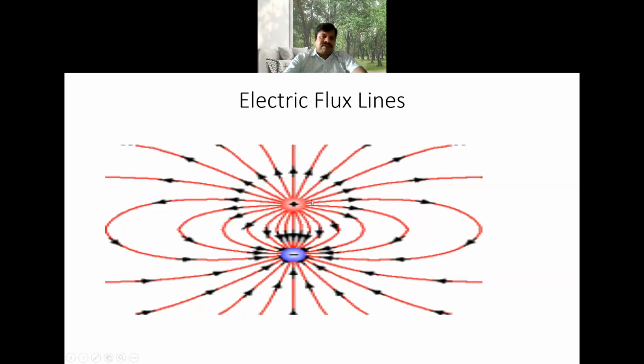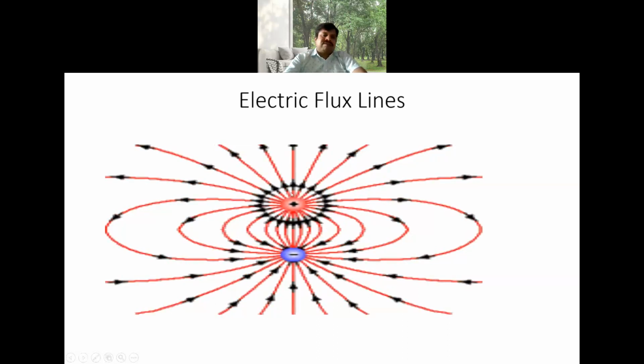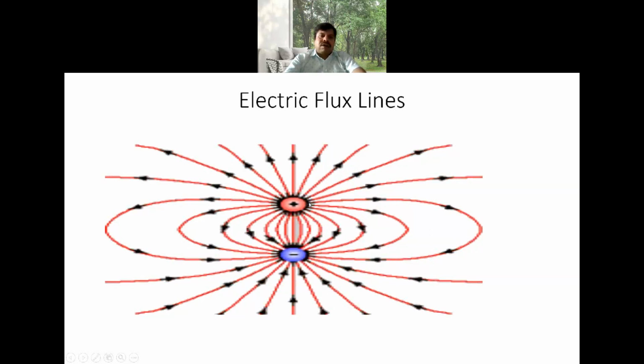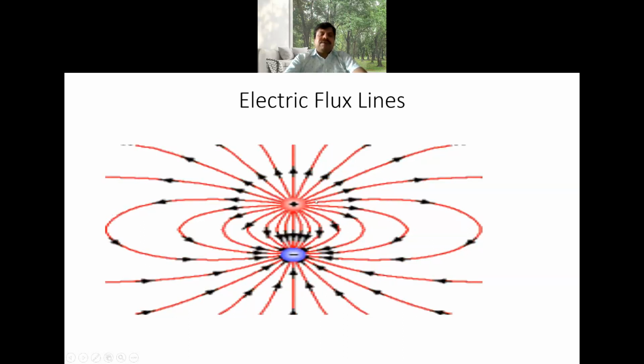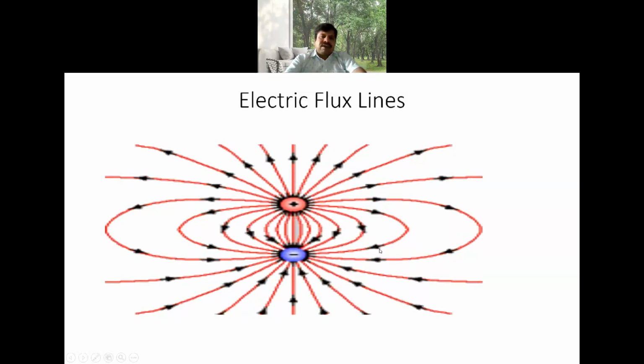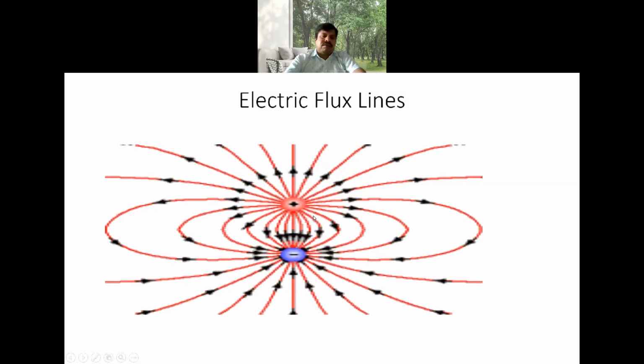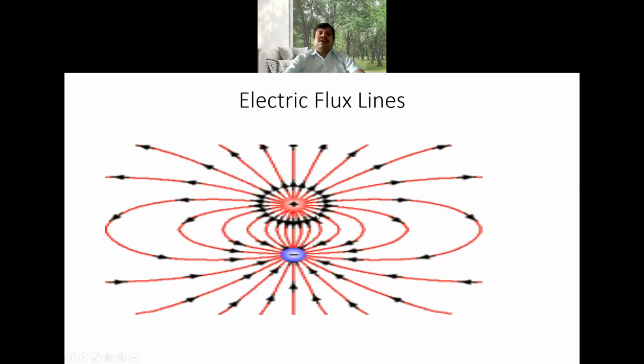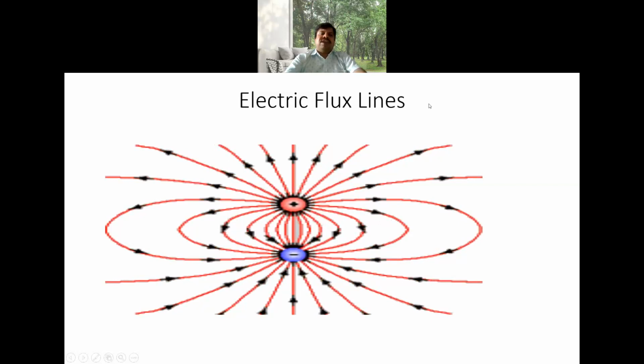Whenever there are these two types of charges, the charges are always associated with electric flux lines. The property of electric flux lines is that they originate from the positive charge, and if negative charges are present, they terminate on the negative charge. If negative charges are not present, the electric flux lines originating from the positive charges may go into infinity in this manner.